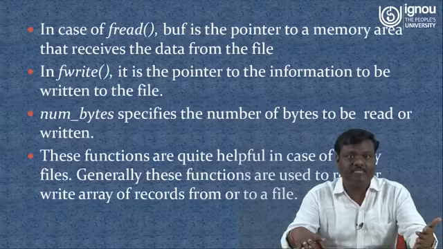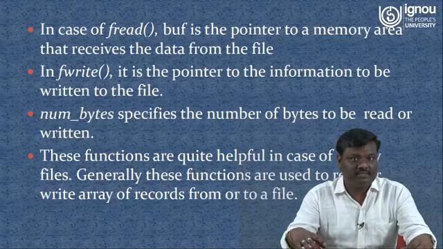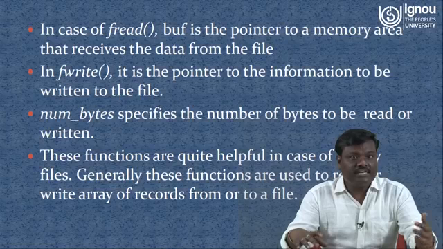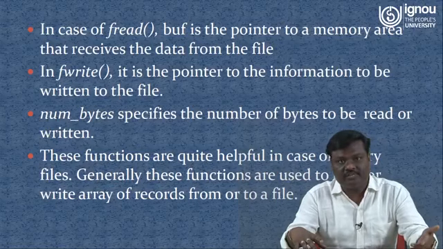Let us read. In the case of fread, buffer is the pointer to a memory area that receives the data from the file. So it is marking a certain area, the buffer. In fwrite, it is a pointer to the information to be written onto the file.